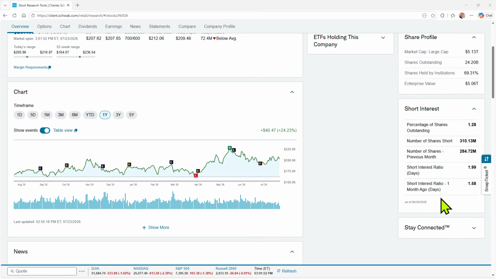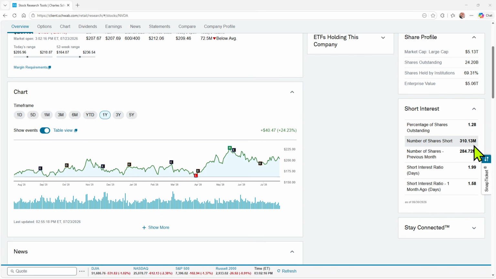The next thing that we need to do in looking at float is look at the number of shares short. So there's essentially 310 million shares short against that 24 billion shares outstanding. Not a lot of shares short in this particular case.